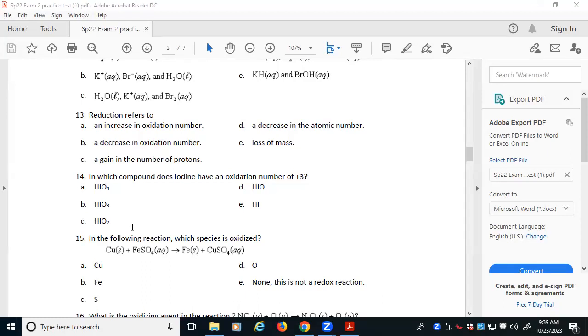We don't change chemical identities without a big dose of radioactivity going along with it. And since we haven't talked about that, and we're not going to talk about that, at least not in this class, you can throw out pretty much any answer that involves gaining and losing protons, because that's not a reaction that happens easily or often.